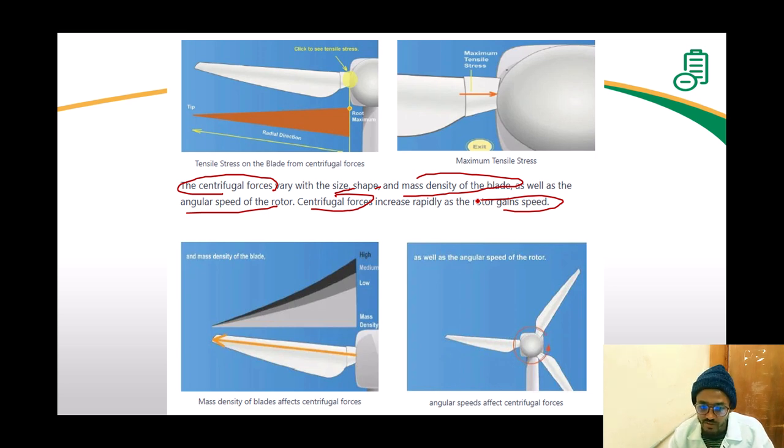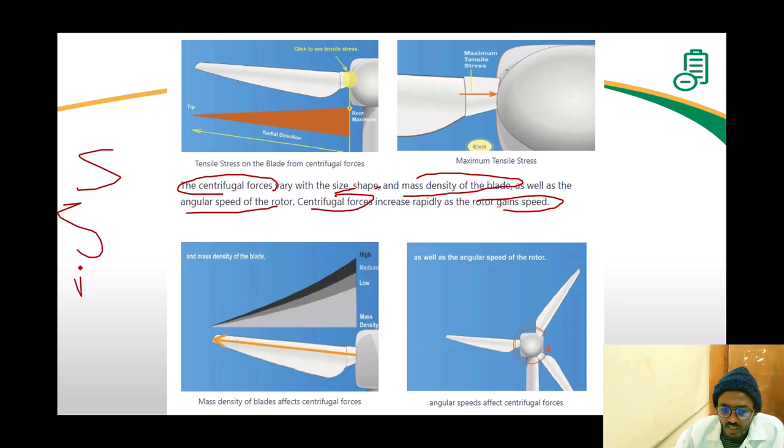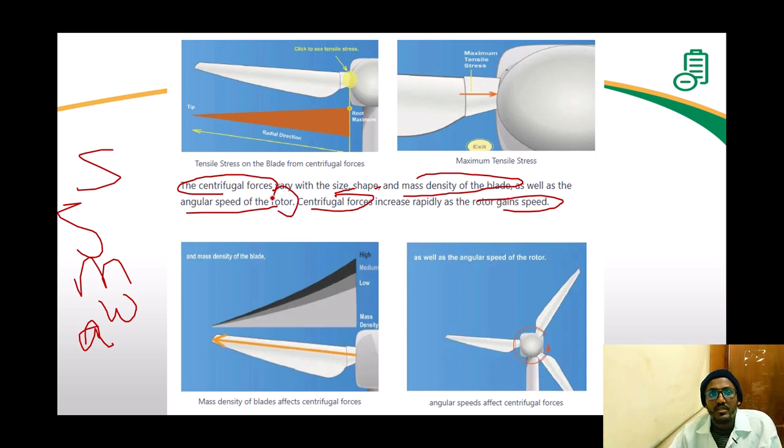It's obvious, right? So we need to focus on this. The first one is size, the second one is shape, and the third one is mass density of the blade, as well as angular speed of the rotor. We need to know how these things are affecting the centrifugal force.